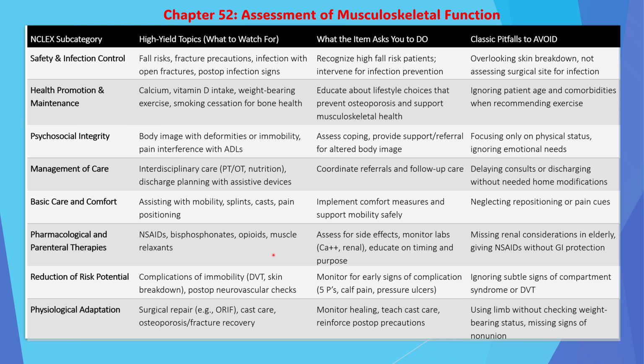Muscle relaxants. Assess for side effects, monitor labs like calcium and renal. Educate on timing and purpose. Classic pitfalls to avoid: missing renal considerations in the elderly, giving NSAIDs without GI protection. Because make sure when you give NSAIDs, GI protection.